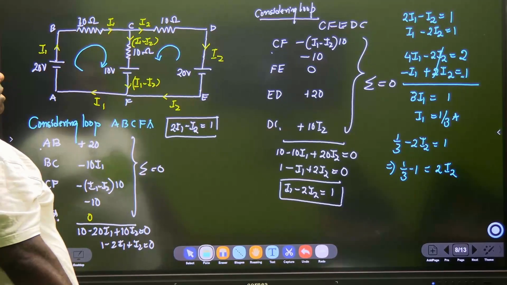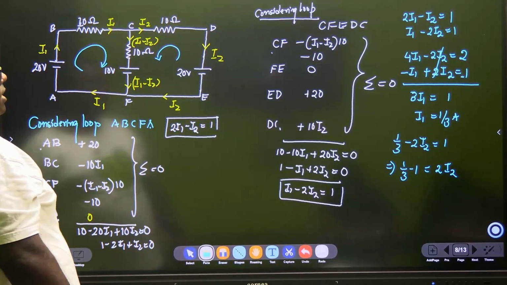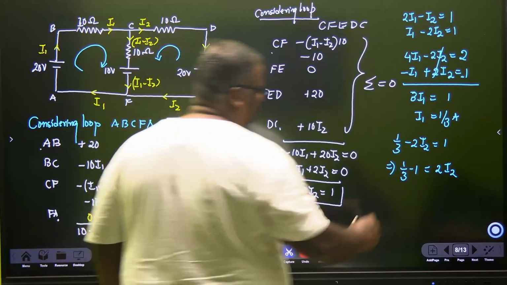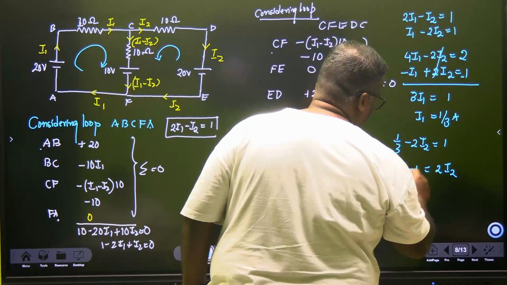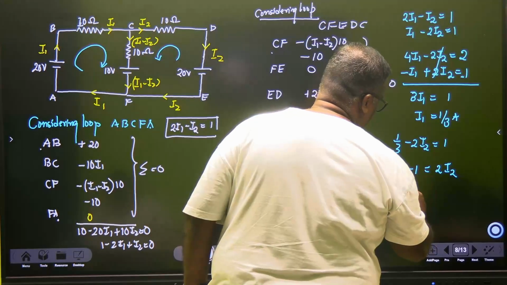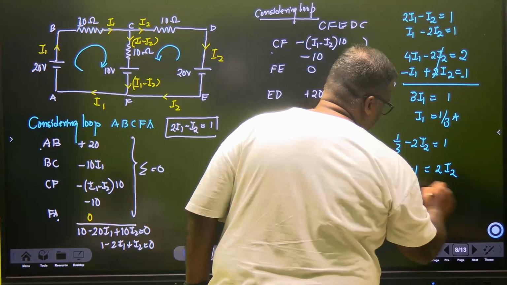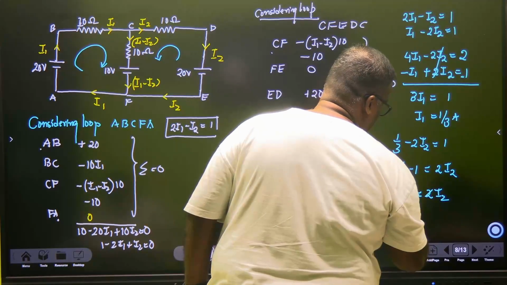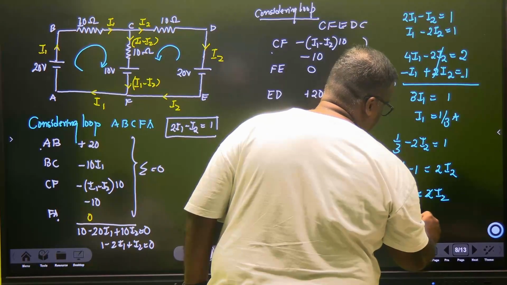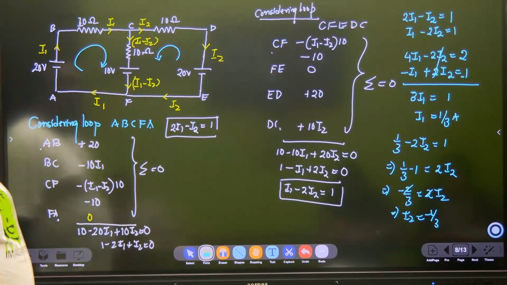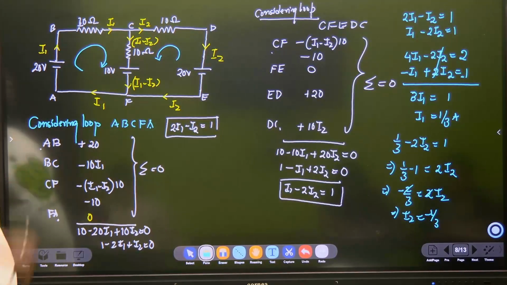So it becomes negative 2/3 is equal to 2I2. So 2 and 2 cancel. I2's value has come negative 1/3. So what went wrong? The direction of I2 has gone wrong.